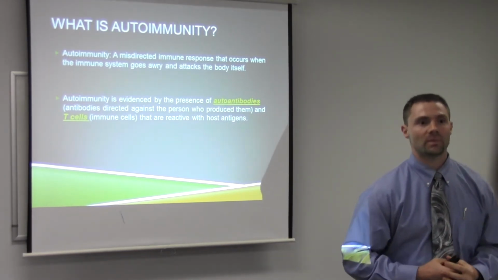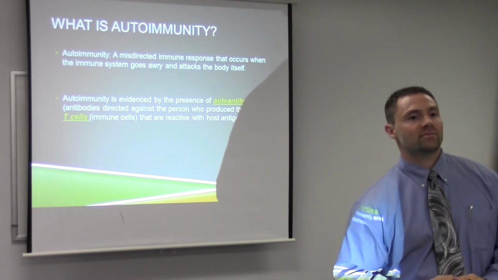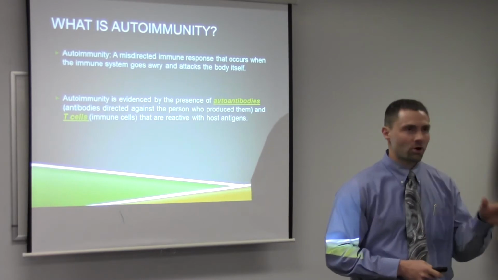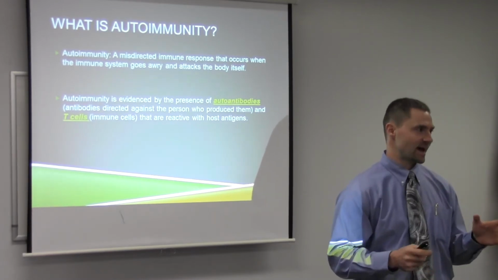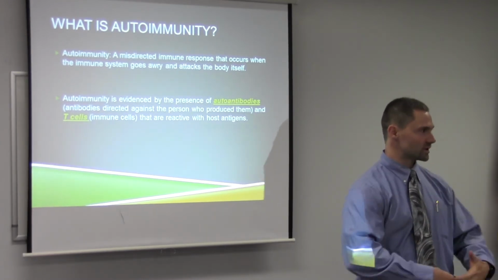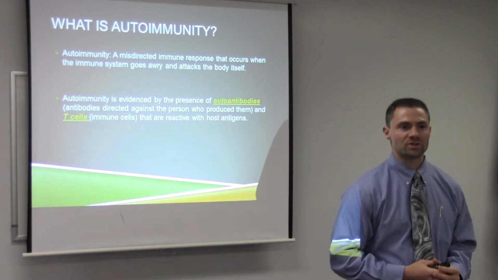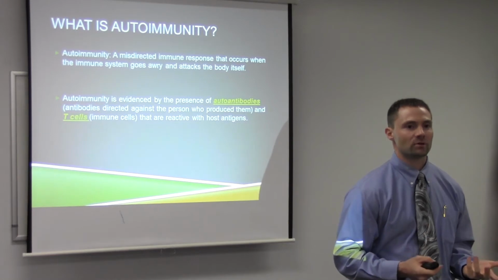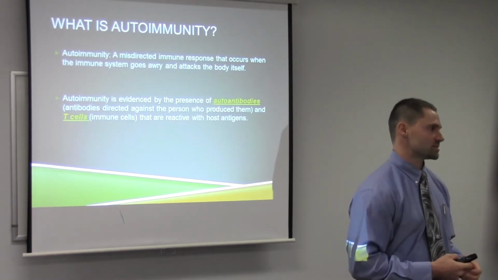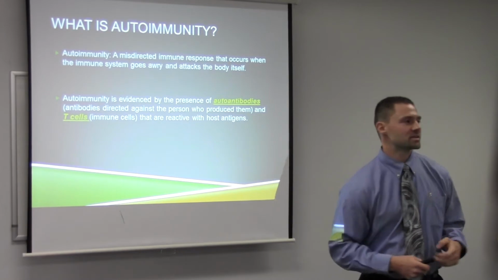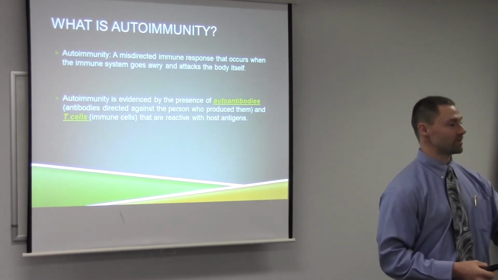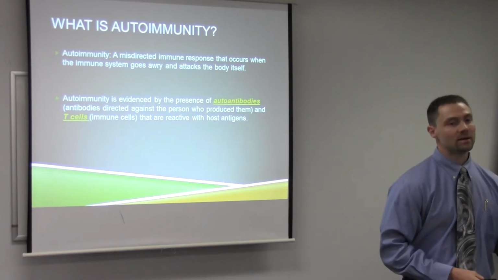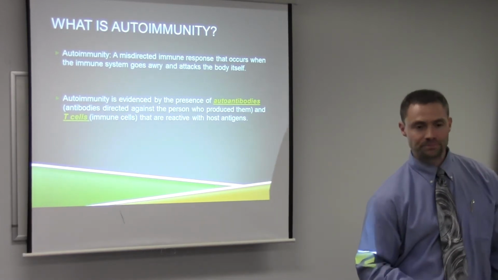Autoimmunity is evidenced by the presence of autoantibodies, or antibodies, and T cells, which are your immune cells that are reactive with host antigens. A host antigen, think of that as the bad guy. That's your bacteria or virus, the thing that should not be in your body. That's non-self, so that's what the immune system is reacting to.